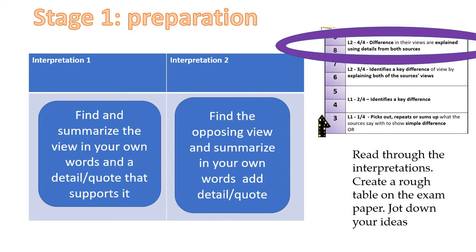And then obviously you need to repeat for interpretation 2, but this time find the opposing view and summarize it in your own words, and again add a detail or quote from the interpretation that has allowed you to come to this opposing view.